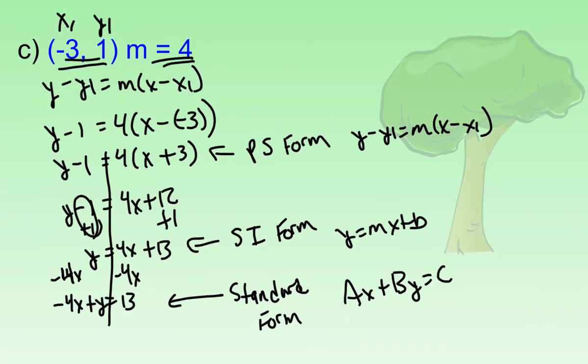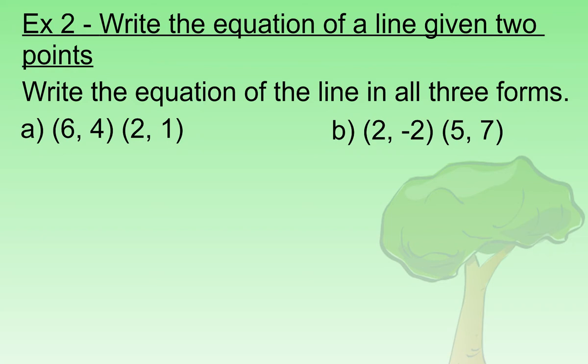Now, I mentioned earlier that this method pretty much always works, and it's true. No matter what information you're given, you could pretty much do this same method. If it gives you a point and a slope, boom. In the next examples you're going to see, it's going to give us 2 points. We're still going to use the same method. We just have one extra little step first.